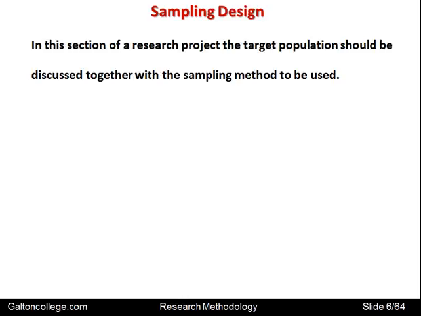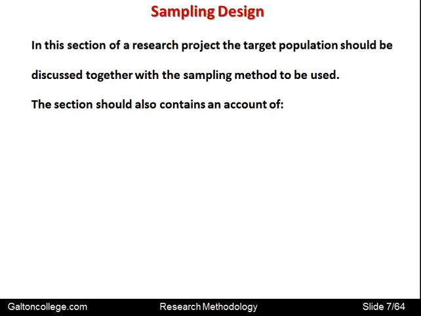In this section of a research project, the target population should be discussed together with the sampling method to be used. So the sample population should be discussed and the appropriate method for sampling should be selected and discussed in here.